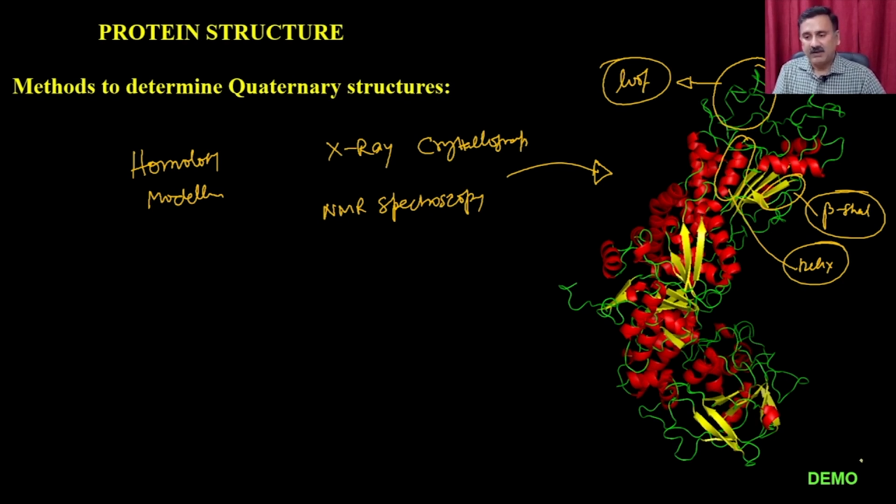We have prepared a very small demo clip to show you the different properties you can study from protein structures, how you can exploit that information for developing substrates or inhibitors, and how you can use it for studying different types of interactions. This demo clip will be very useful for learning how to analyze protein structures.